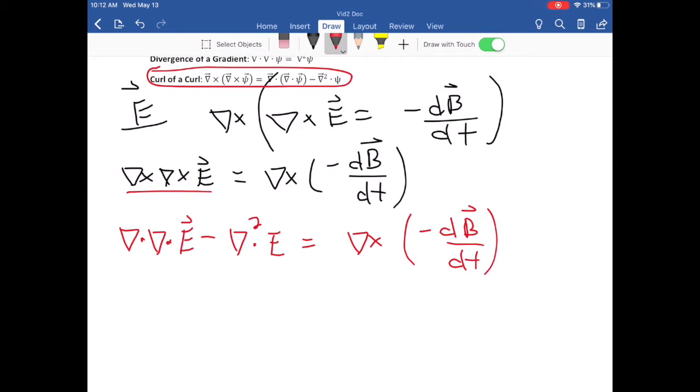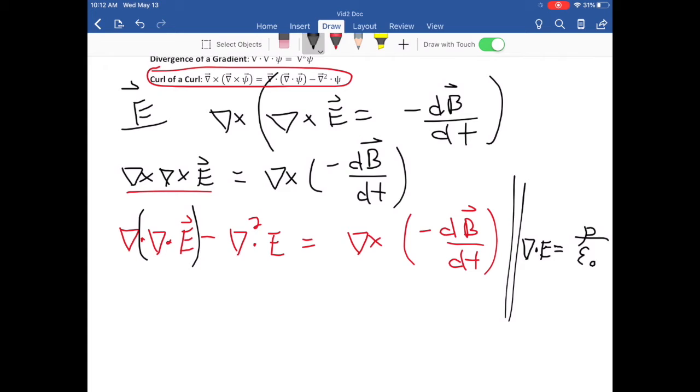And once again, there's another substitution that we can make. However, this time, it is no longer an identity, but rather one of Maxwell's equations. More specifically, it is Gauss's law of electricity, which reads, del dot E is equal to rho, which is charge density, over epsilon naught, which is the vacuum permittivity constant.